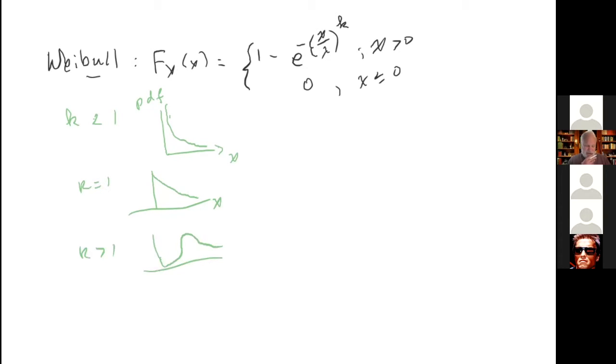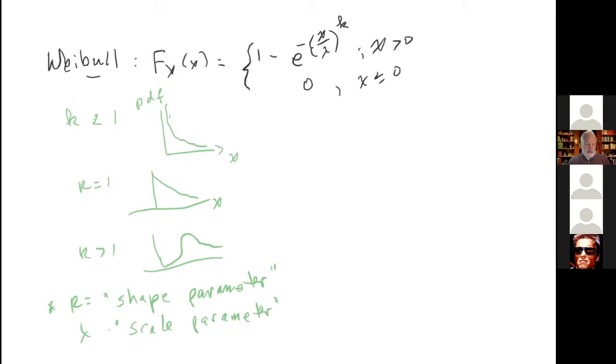Badly drawn, but k is called the shape parameter, and lambda is called the scale parameter. So basically, k is what determines roughly what the basic properties of it are.